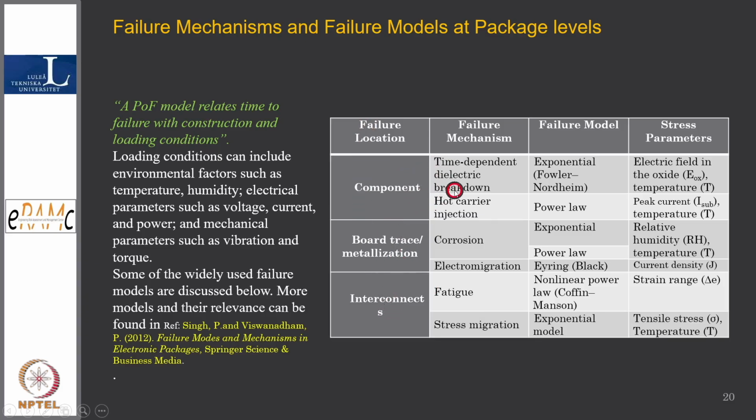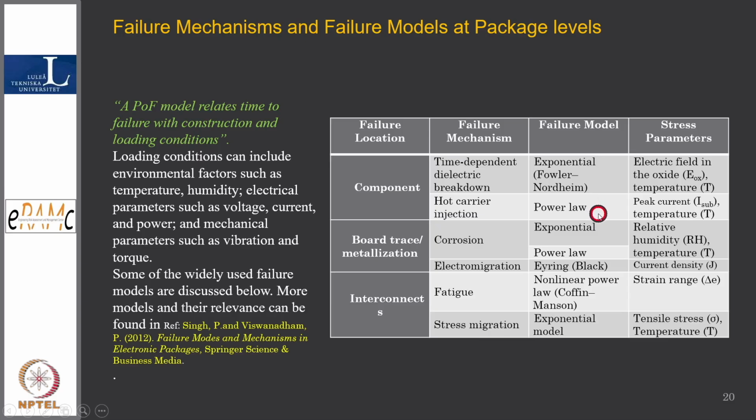If I have to talk about the component level, time dependent dielectric breakdown or hot carrier injection is a very prominent thing in electronics, and the failure models are the exponential failure model, the Notre Dame model, and the power law model. You can see that what we are trying to say here is you can create your own failure model if you do experiments and collect the data.